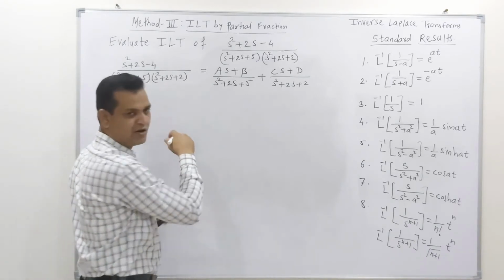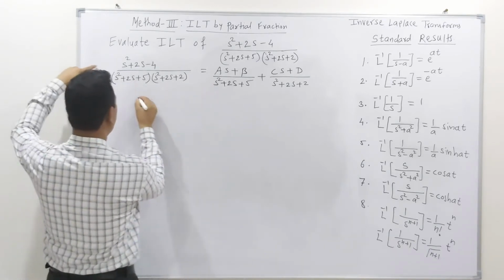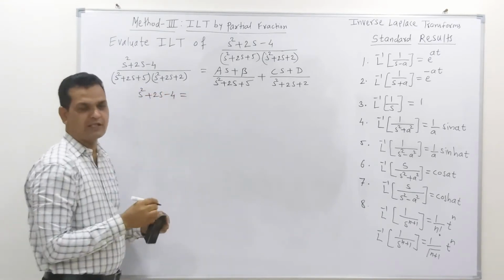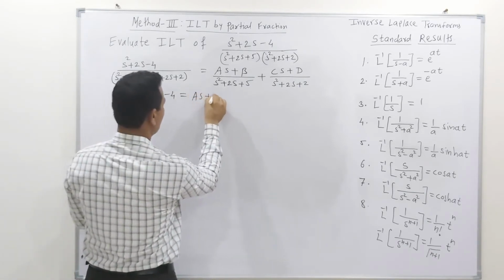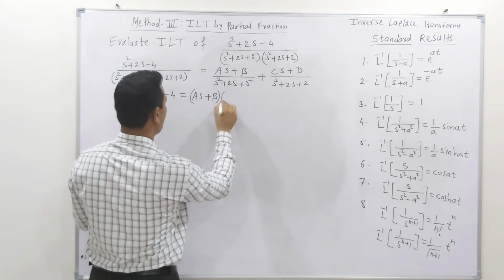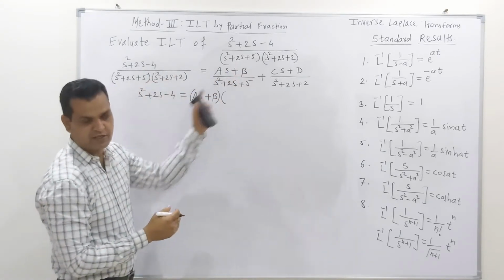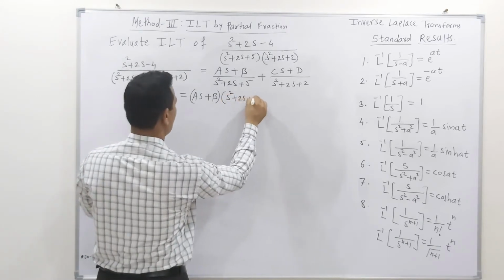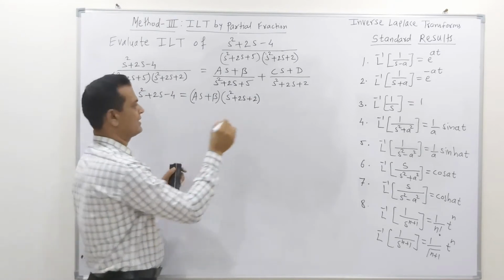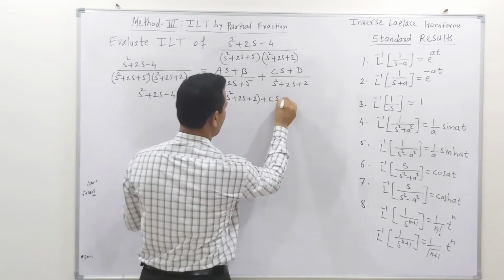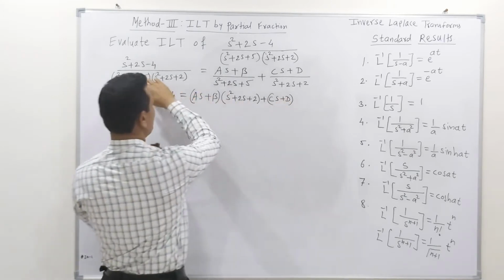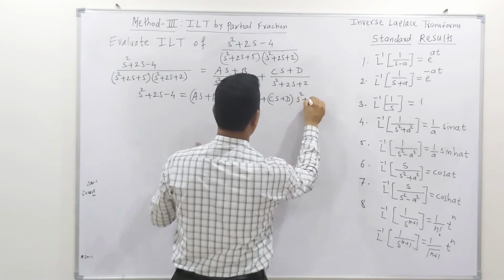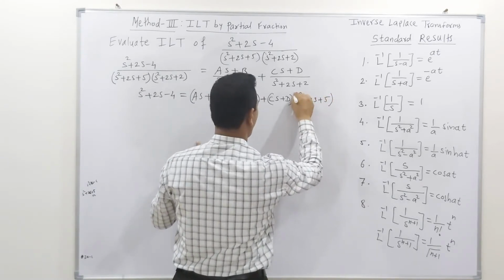Now if we take the denominator of the left hand side to the right side, we get s square plus 2s minus 4 is equal to (as plus b), the first term, into, after taking this to the right side, one term gets cancelled and we get s square plus 2s plus 2, plus (cs plus d), then again after taking this to the right side, one term gets cancelled and we get s square plus 2s plus 5.